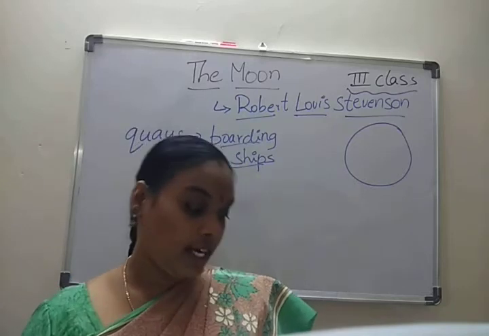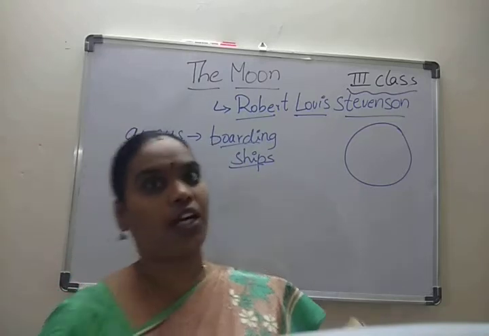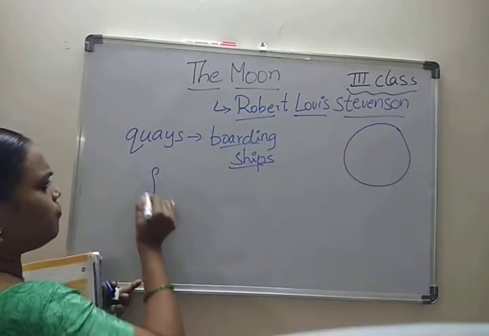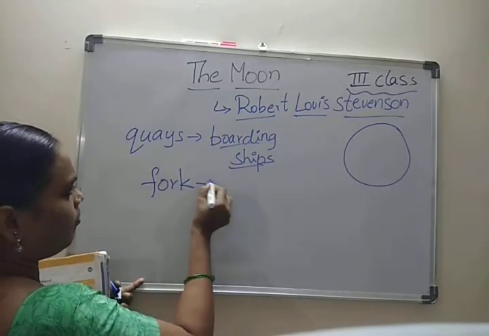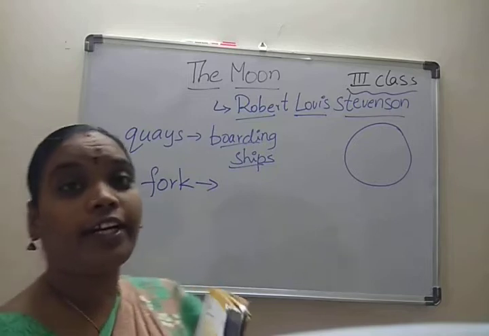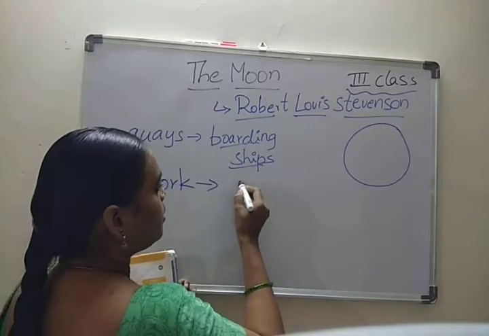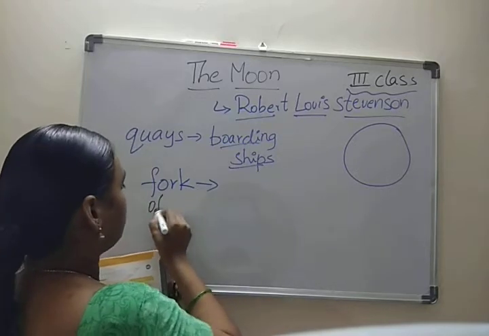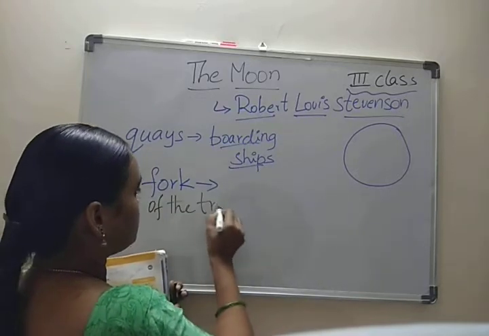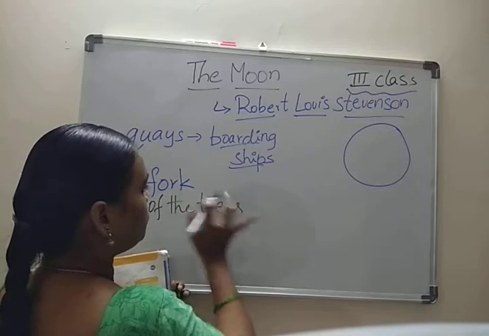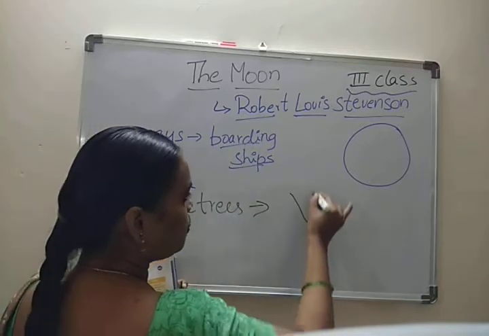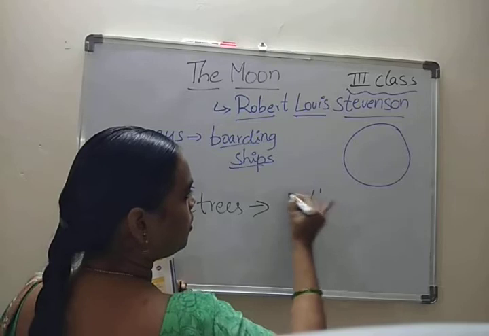And birdies asleep in the forks of the trees. Fork. What is meant by fork, children? Fork means what you use when eating noodles. Actually, fork here means the fork of the trees. Fork of the trees means V shape.